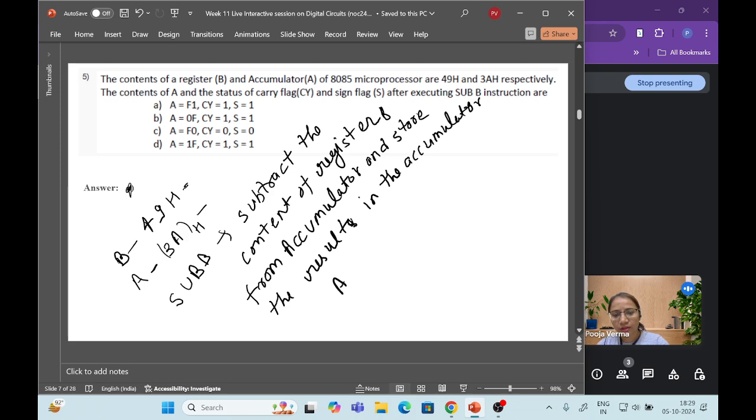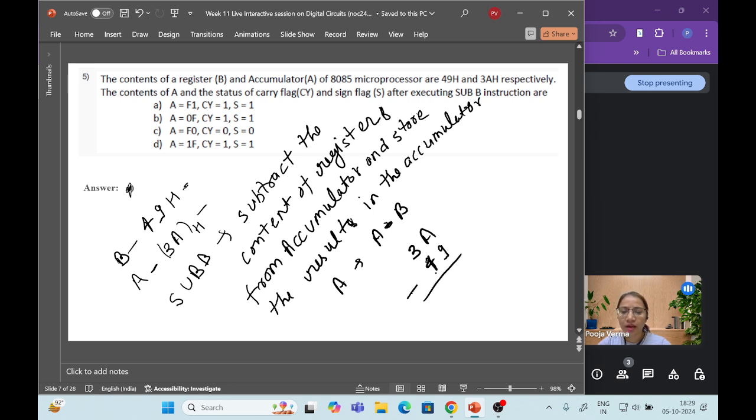That means A minus B, right? So what is the content of the accumulator? A minus B. So it is 3A, and the content of register B is 49H, right?